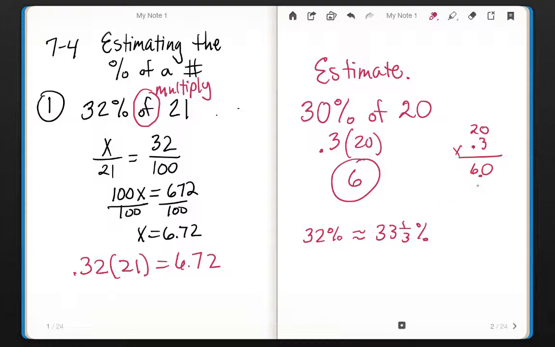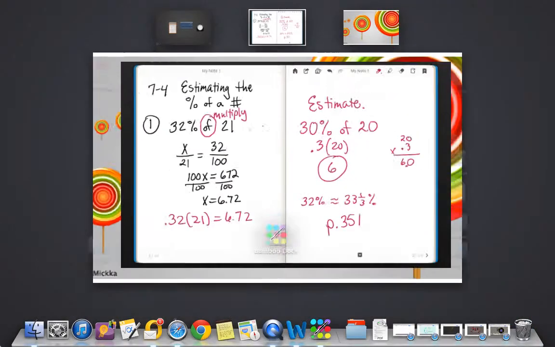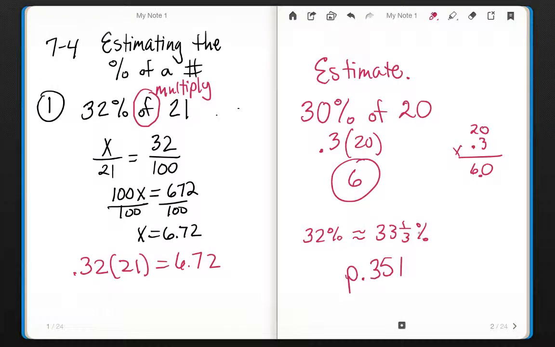There's a chart in your book, it's actually page 351. If you guys want to grab a book real quick and take a look at page 351, there's a table in there that gives you some common percent to fraction equivalents.